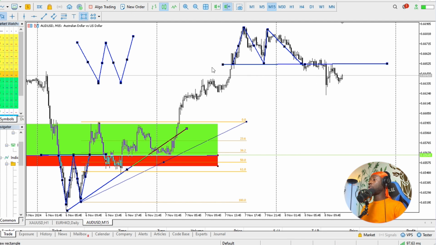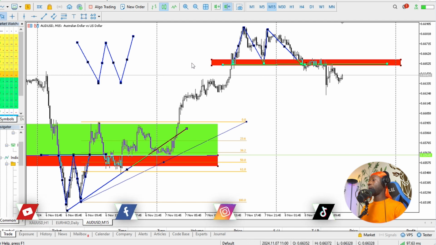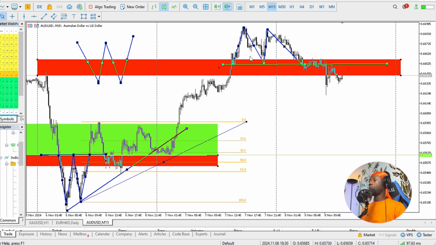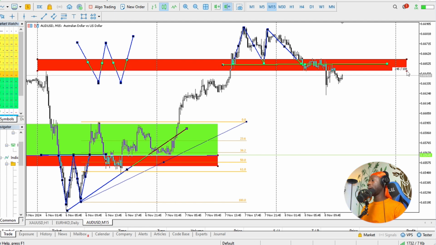So if you wanted to get into the market, you would have drawn your zone here. All right. You would have drawn your zone somewhere around this area. Keep it a little bit above. Make sure you are in a small time frame, so make sure it will be like 10 pips, not more.